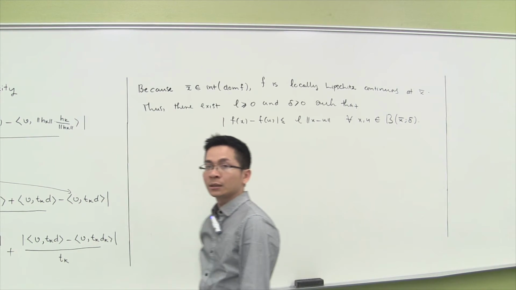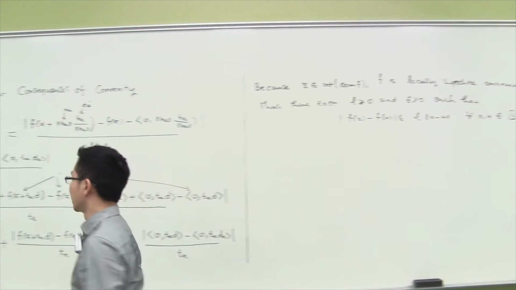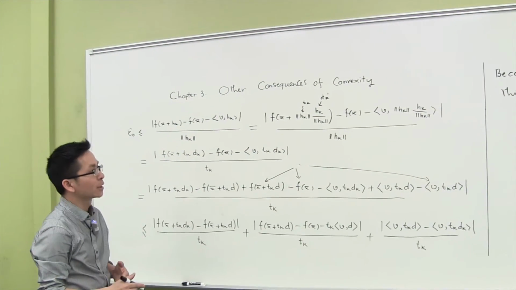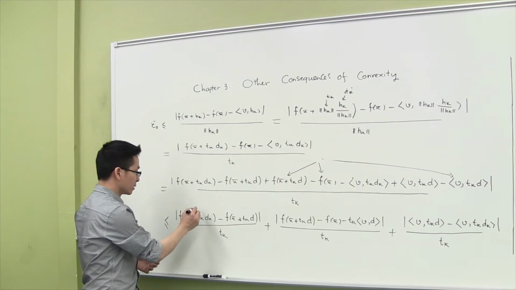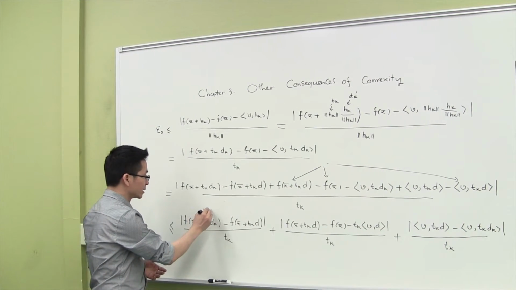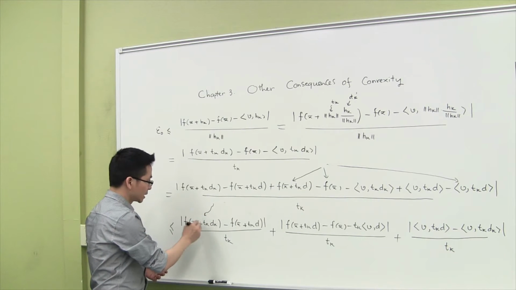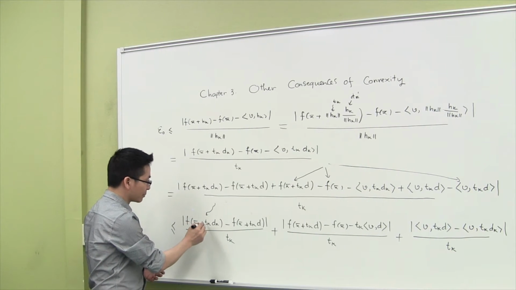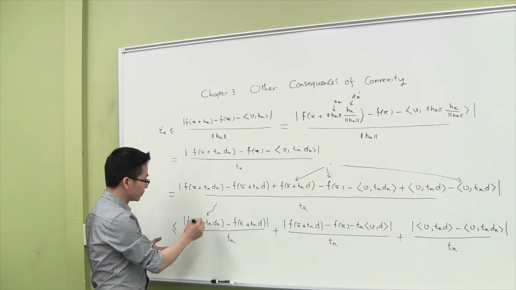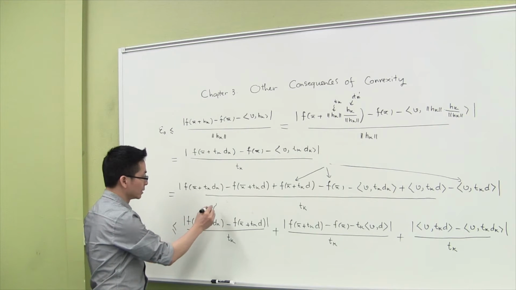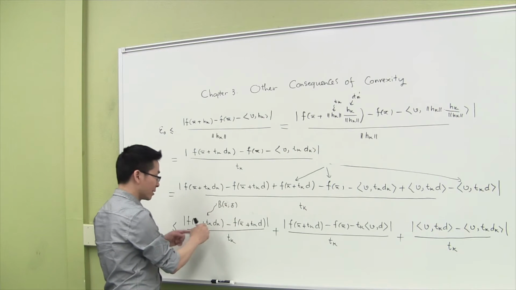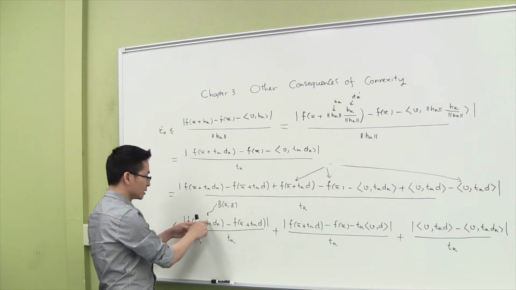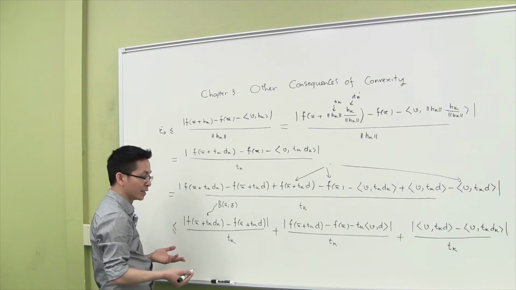Okay. Now, from here, we will apply the Lipschitz continuity of the function f in this situation, because when k is sufficiently large, this element x bar plus tk times dk will be in the ball with center at x bar and radius delta, because it converges to x bar as k goes to infinity.